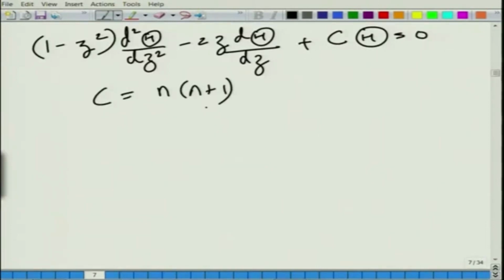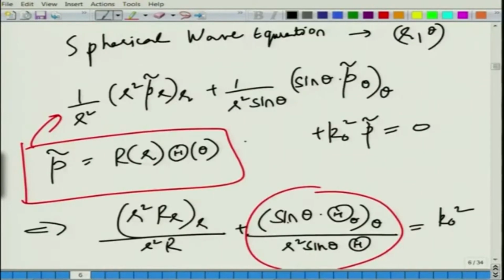Viewers are urged to have a look at the book by David Blackstock on fundamentals of acoustics, or possibly Kinsler and Frey, for a detailed discussion and development of these equations. And here of course z is equal to cos theta. We separate out this form, evaluate it to be a certain constant, substitute z equal to cos theta and carry out the algebra to arrive at this.